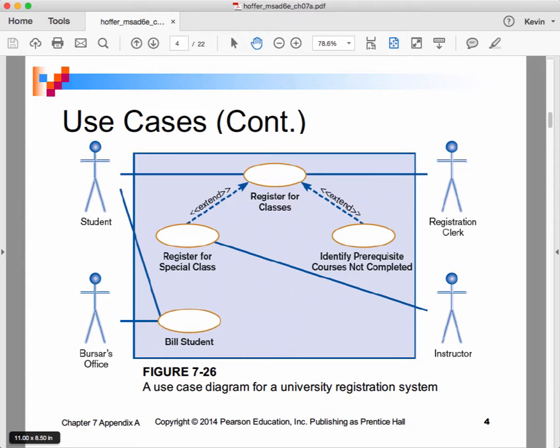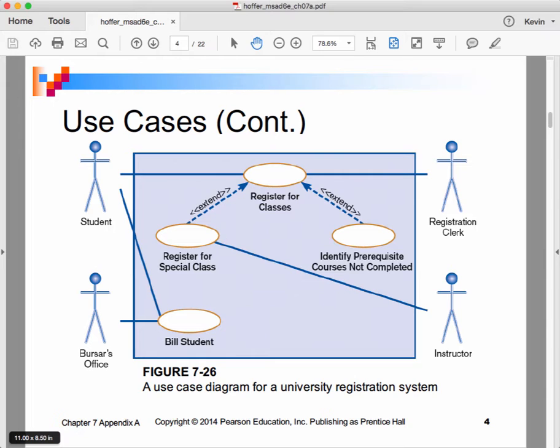So the functions in the part of use cases, which are those little egg-shaped or elliptical shapes named register for classes, bill student, etc., those are inside the system. They're the functions that make up the system. And then, of course, the actors are outside the system. So that line that goes around that contains all the use cases is called the system boundary, sometimes referred to as the boundary box.